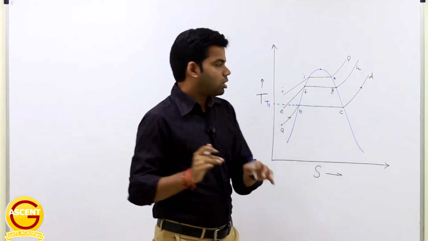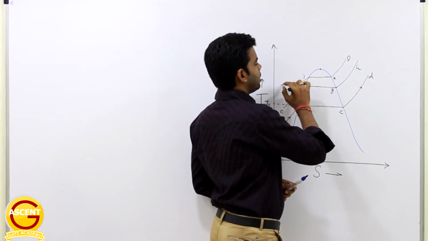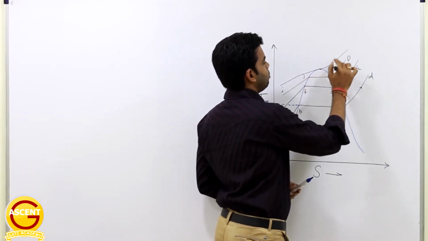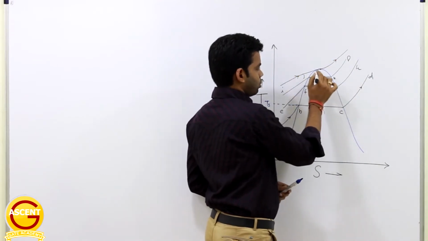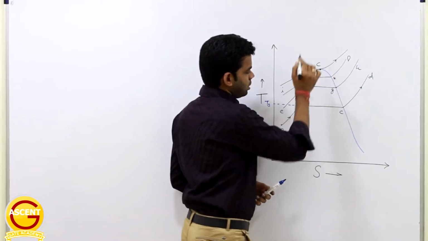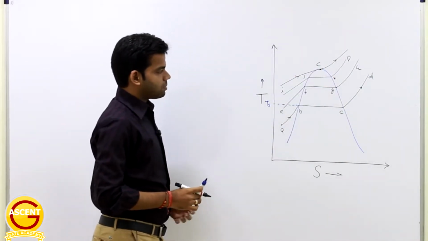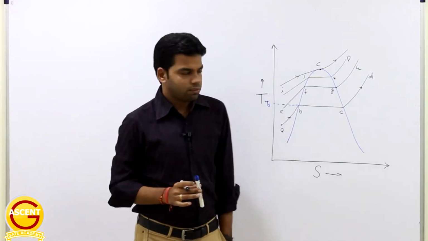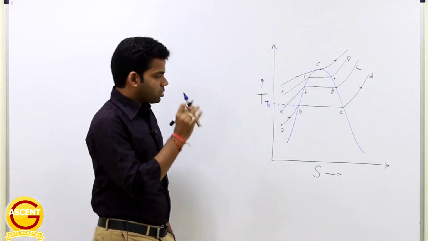Okay, and at this particular point, as we are heating the liquid, this liquid will be directly converted to superheated vapor, no region of wet steam. And this point, as I told you, is the critical point, and pressure at this particular point is critical pressure, temperature is critical temperature, and volume is critical volume. Getting this or not? Okay, so this is the first thing.